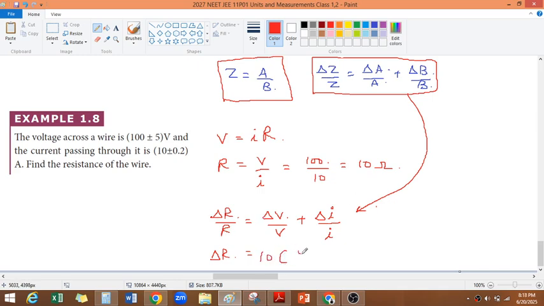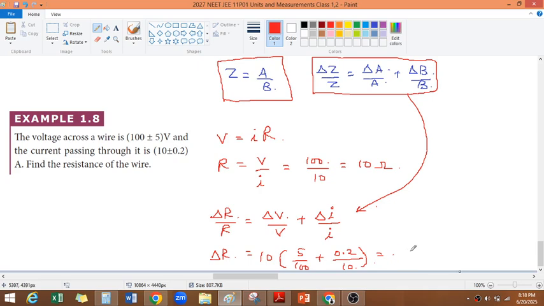Delta V is 5 by 100 plus delta I is 0.2 divided by 10. So do the simplification, you will get the answer for delta R.